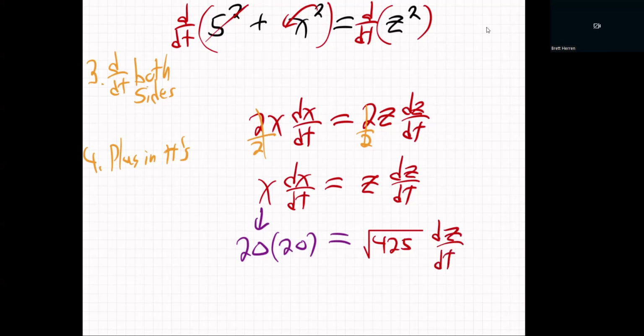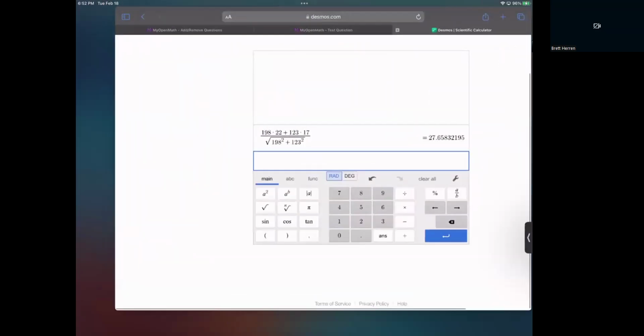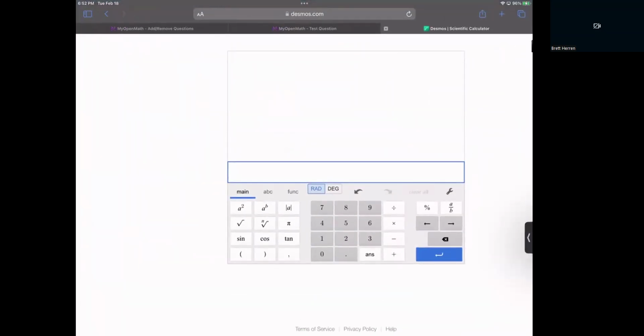All right, we are on the verge. Divide both sides by the square root of 425. And boom. So 20 times 20 over the square root of 425.